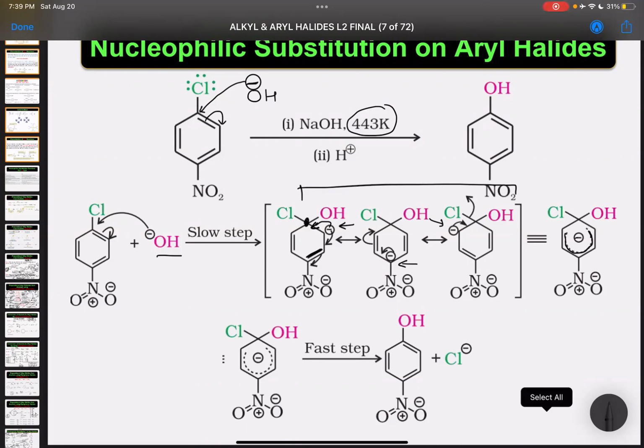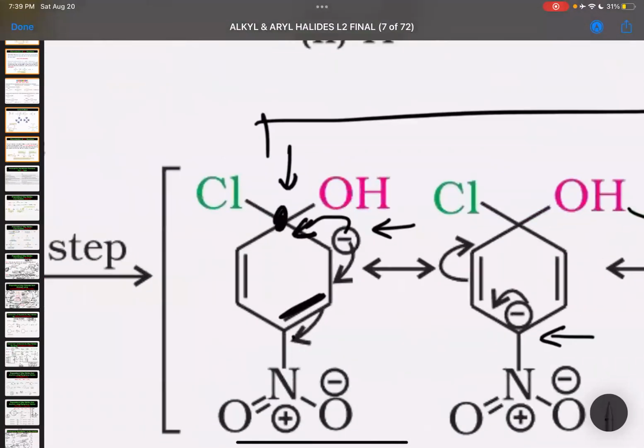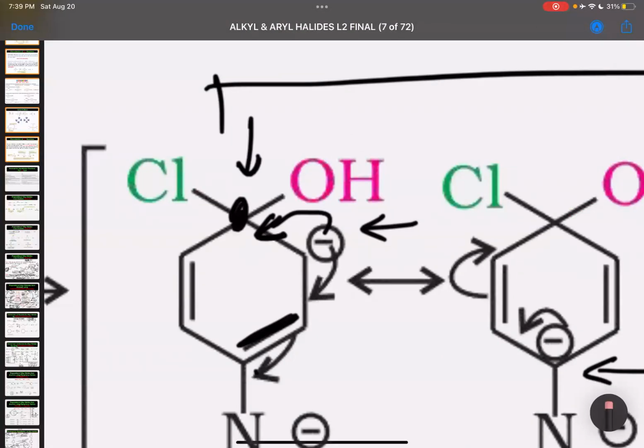But this carbon, look very carefully. If this minus charge wants to get back into the double bond, it needs to push away, and this carbon is actually making 4 bonds, one with Cl, one with OH.